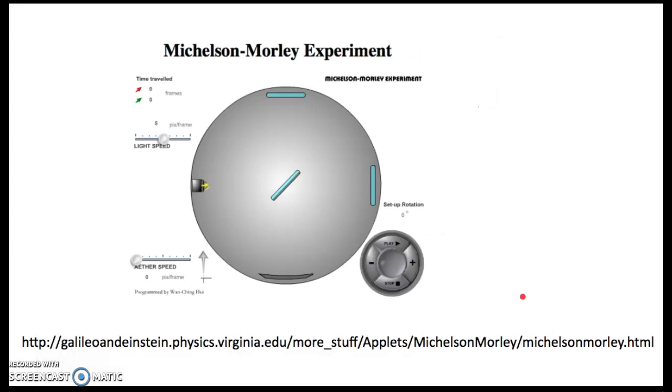Another thing you can use is a simulation of something called the Michelson-Morley experiment. So if you want to find out about this, then I would encourage you to read up about Michelson-Morley. But it was to do with, are we traveling through an ether, or is empty space just empty space?